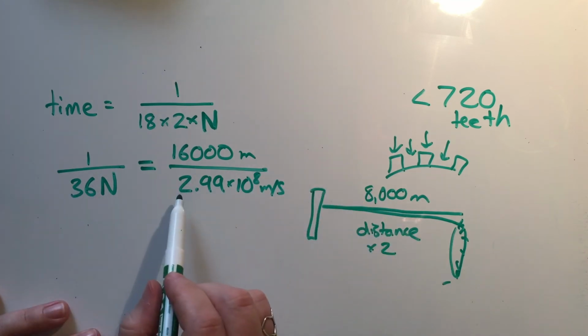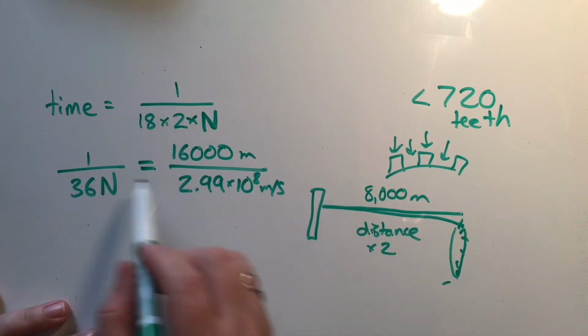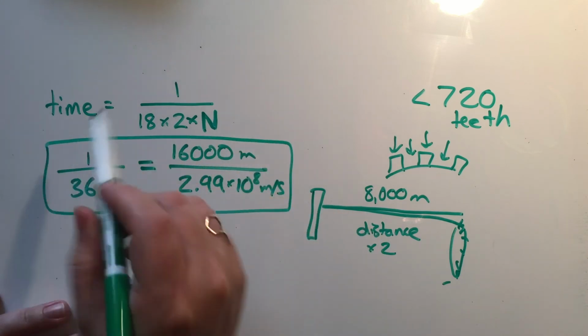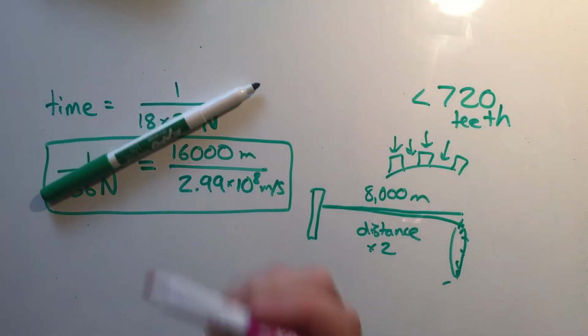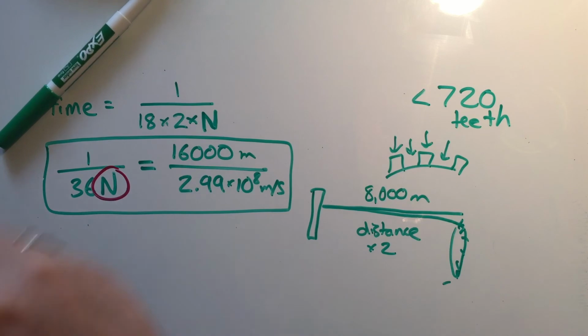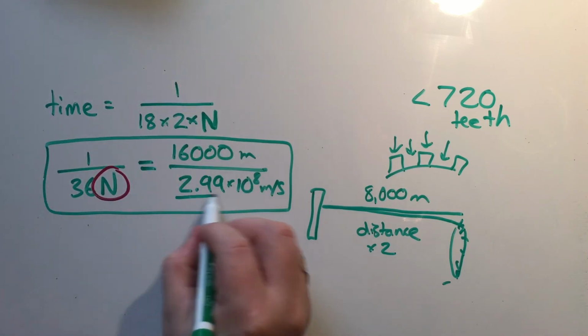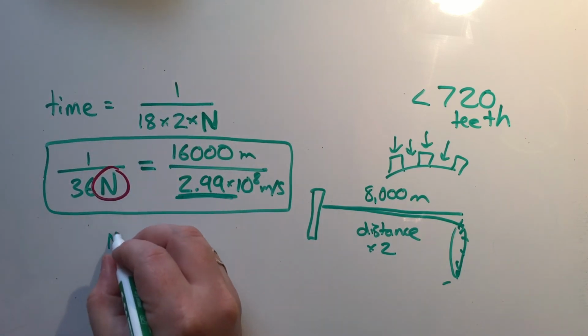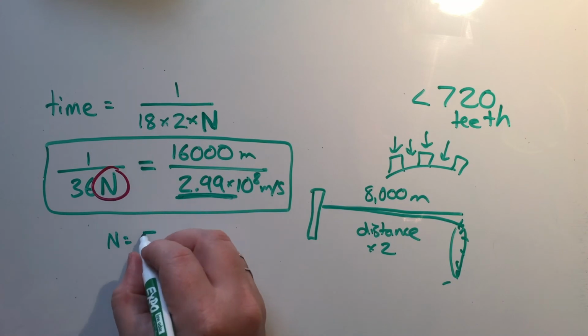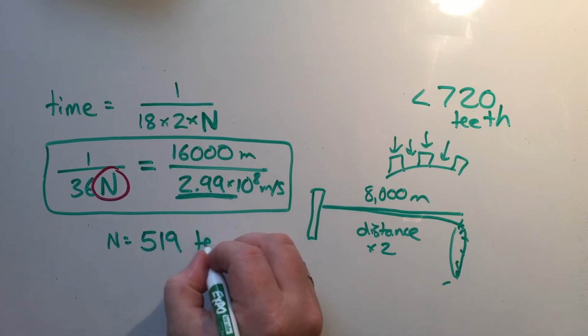When we set these things equal to each other, you do the algebra on this equation to solve for N in this case. And if you do that, if you use 2.99, you should get N equals 519 teeth.